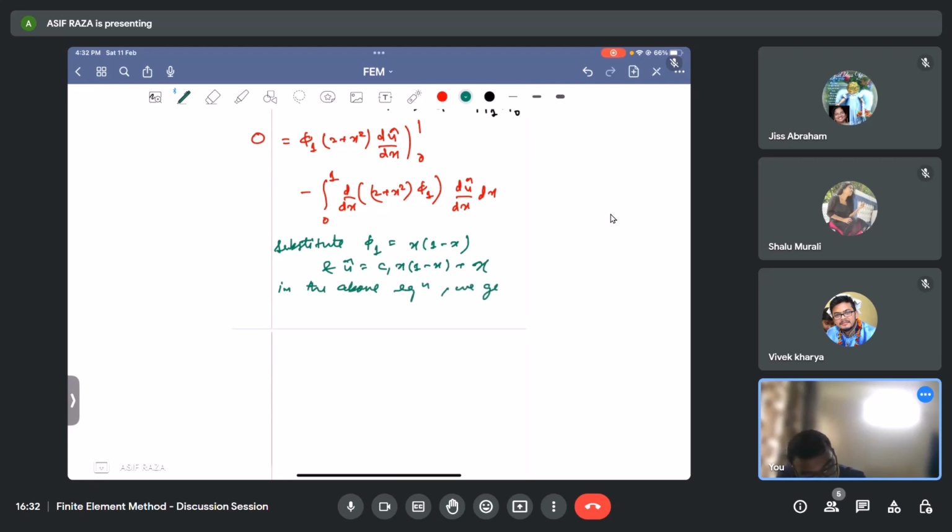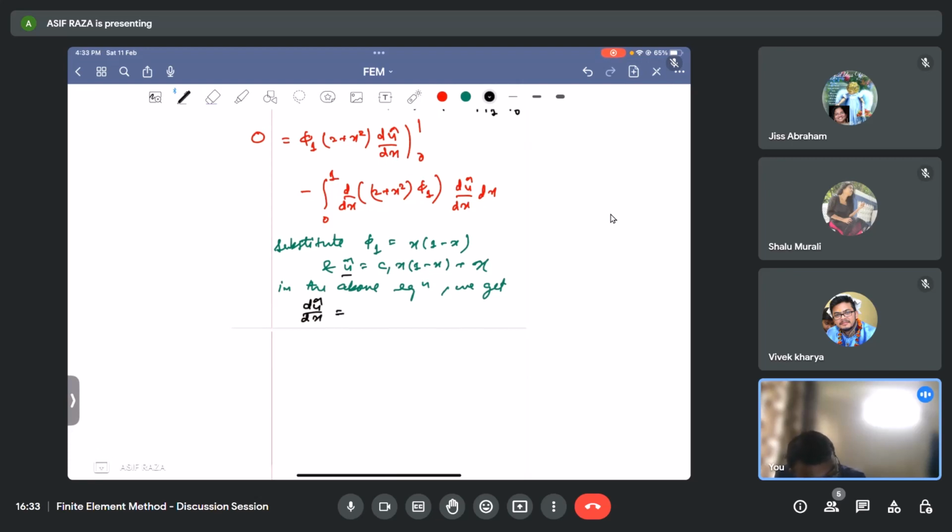We get, so phi 1 is x into 1 minus x, then 2 plus x square, then du hat. I better substitute, I should write this one also. So what will be du hat by dx when we have u hat as this?